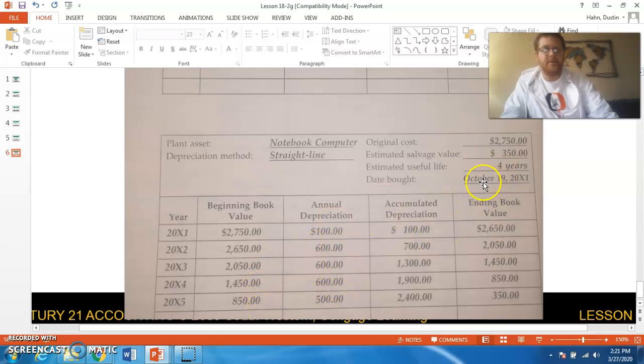However, since we bought this on October 19th, it wasn't the start of the year. So now we have to break this down into how much we are paying per month for depreciation. Okay, so with that $600, what we want to do now is take 600 divided by 12, because there's 12 months in a year. That number is now 50. So now $50 is how much we pay for this computer in depreciation, or how much it loses value.